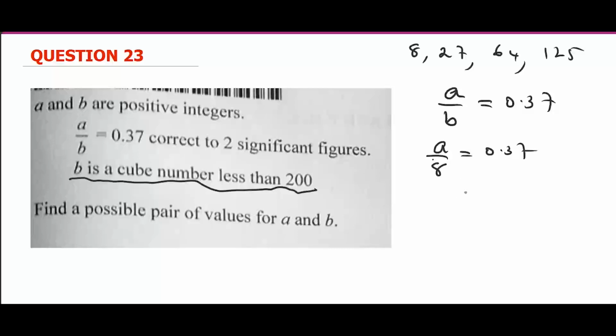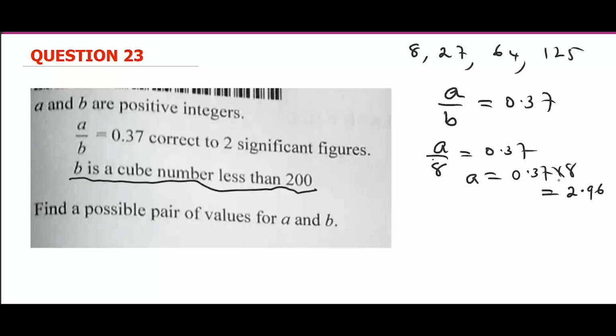So if you cross multiply, the value of A will be equal to 0.37 times 8, and that will be equal to 2.96.